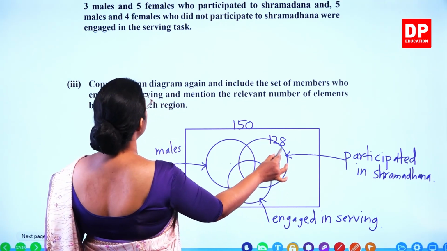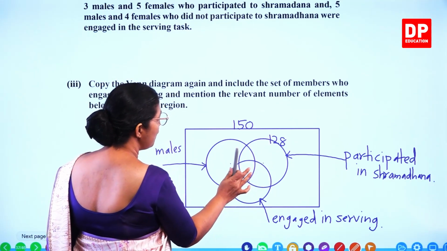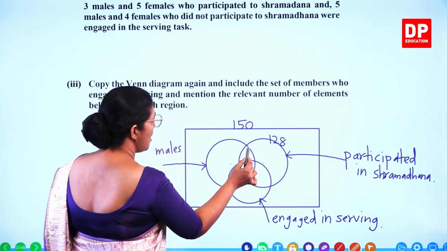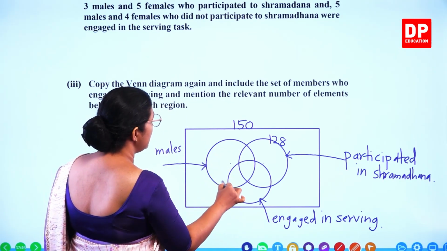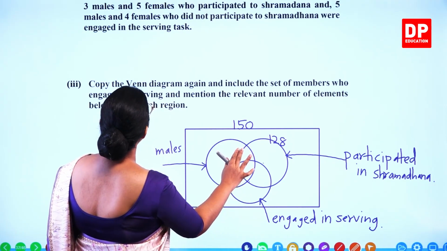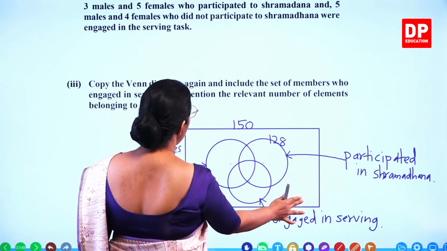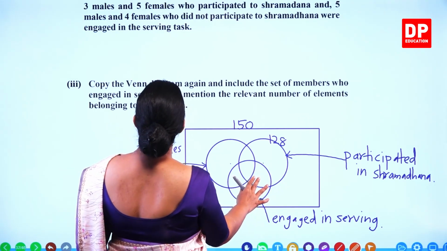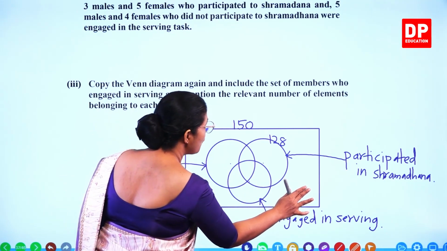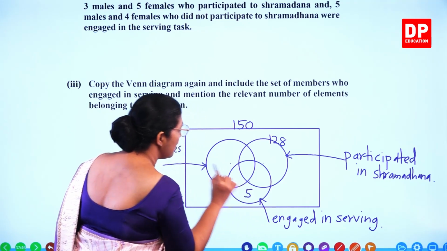Now this males circle here and 3 males from this. So from 12, 5 comes here who did not participate to Shramadana were engaged in serving. So out of 12, 5 comes here. So this part should be 5.